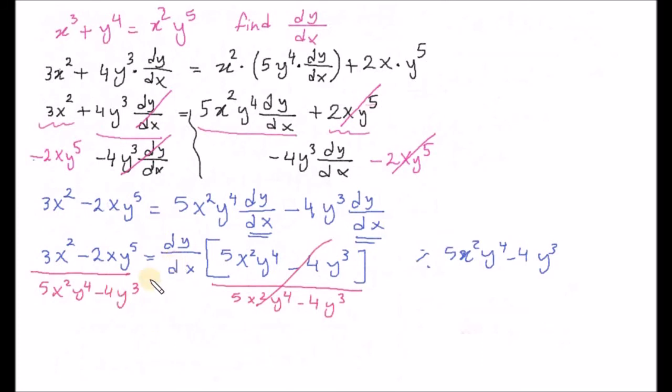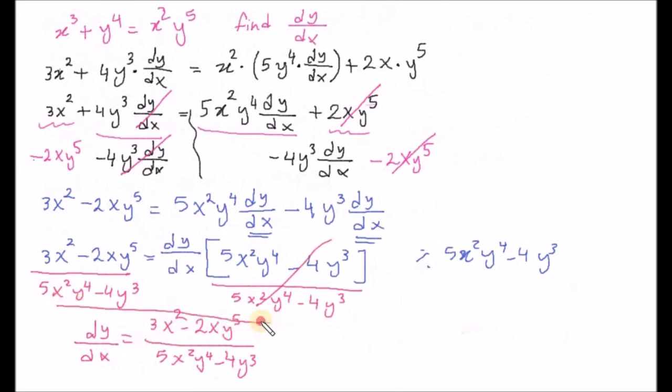Let me write it from right to left. So I'm going to flip sides. I will have dy over dx is equal to 3x squared minus 2xy to the fifth power over 5x squared y to the fourth minus 4y to the third power. And that is the final answer.